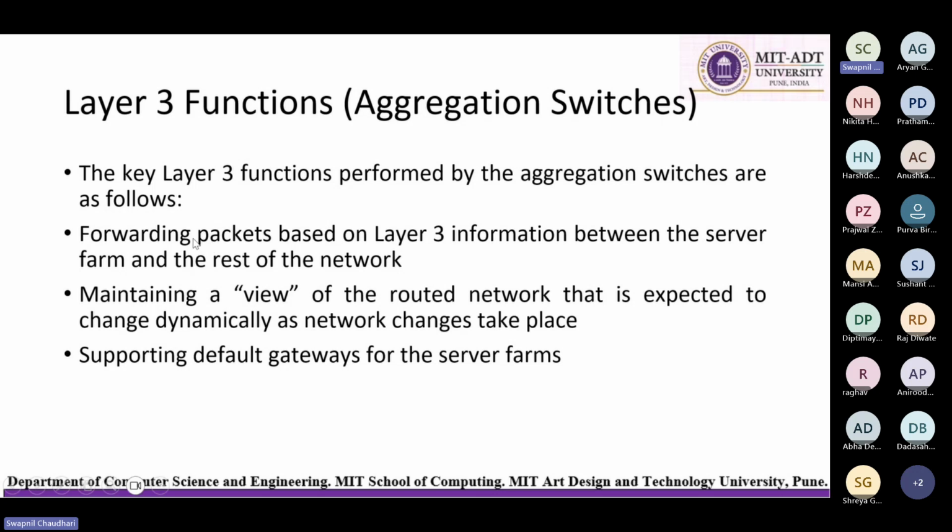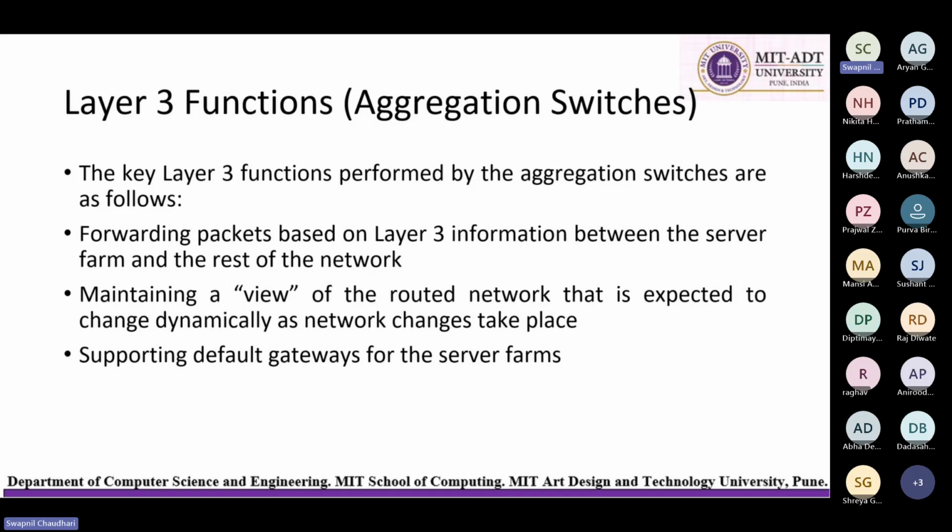This means the data coming from the servers is routed to other networks, such as the internet, other data centers, or data center segments. Unlike layer 2 switching, which uses the MAC address, layer 3 uses IP addresses to decide the path of the data.